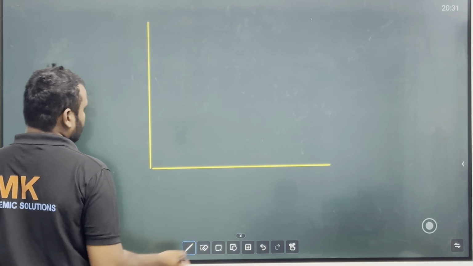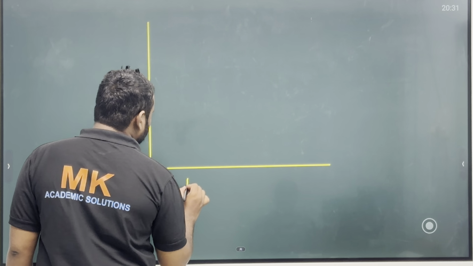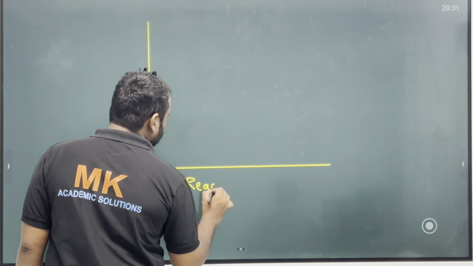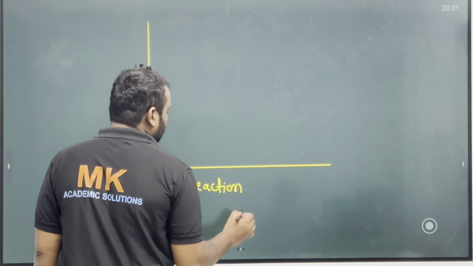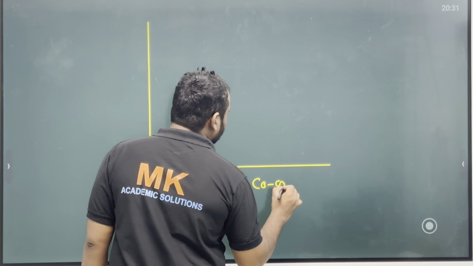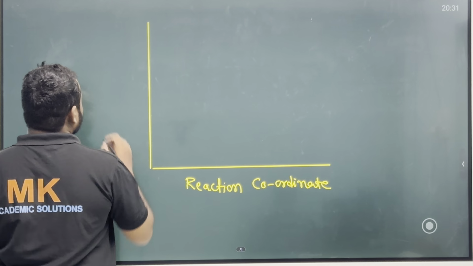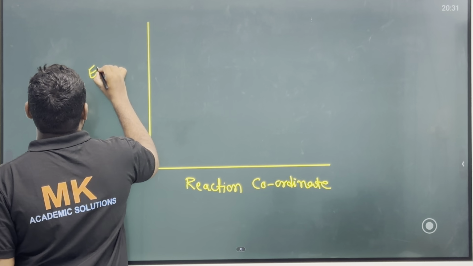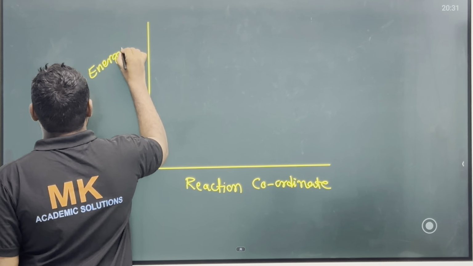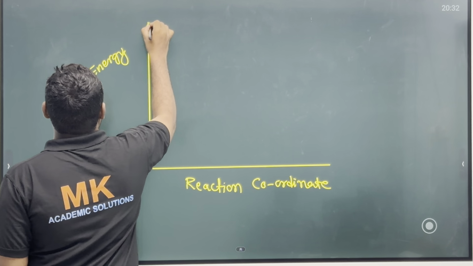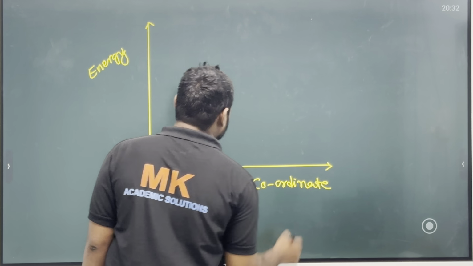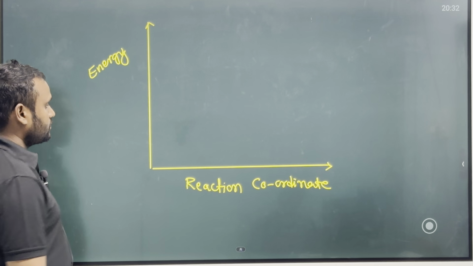Okay, right. So this is the reaction coordinate, and this is the energy. On the y axis we are going to take energy, on the x axis we are going to take the reaction coordinate.